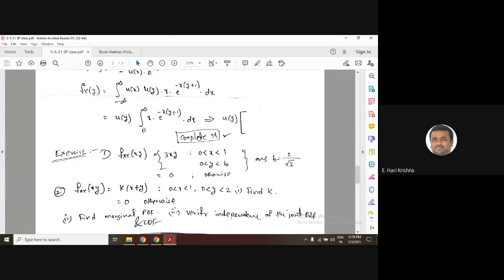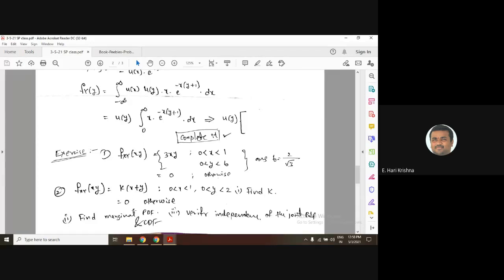Find the value of b if it is a valid joint PDF. Try to evaluate the integration and show it. The answer is also provided here: b is equal to 2 under root of 3.